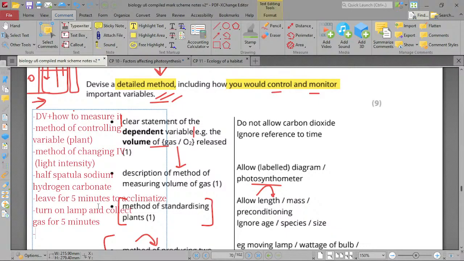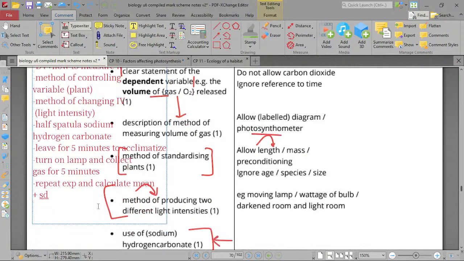Then I think we're done, and then we just repeat the experiment and calculate mean plus SD, and calculate rate by volume divided by time.